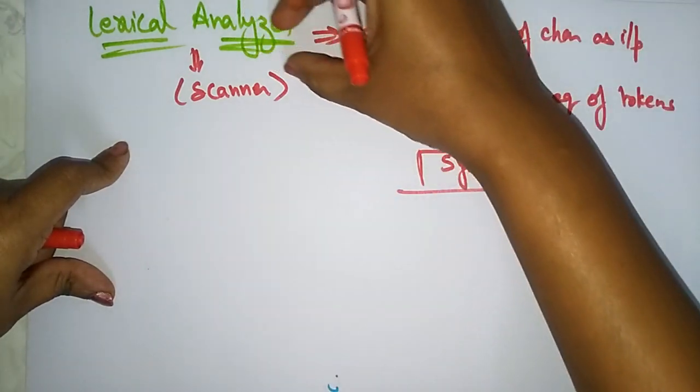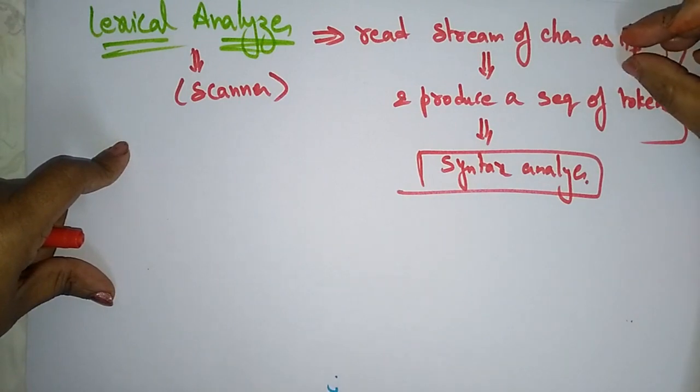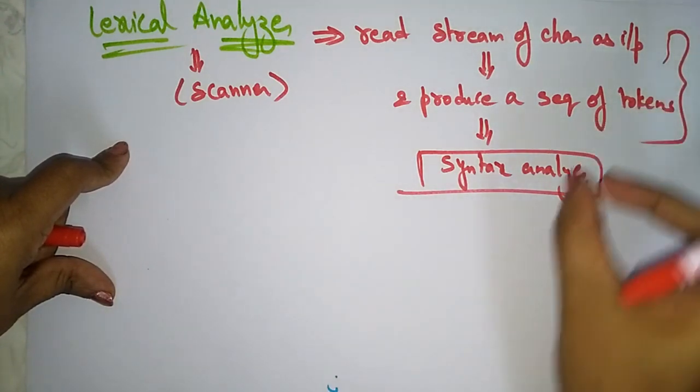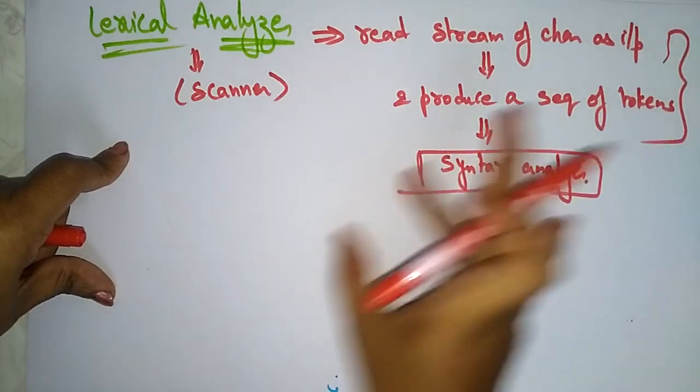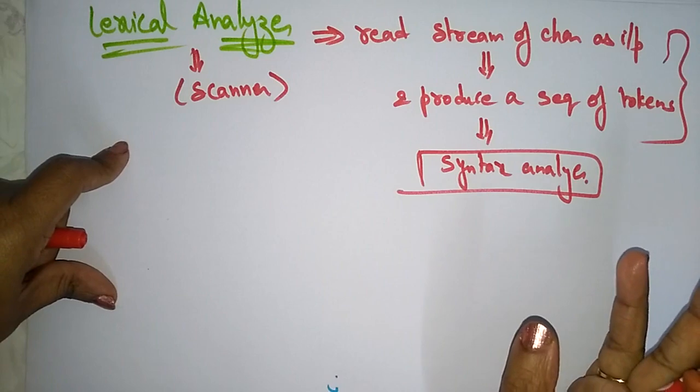This lexical analyzer takes the input, it reads the stream of characters as input, meaning whatever high level language you have written. Each statement or each character is read, and it produces a sequence of tokens, and those tokens are sent to the syntax analyzer to parse the tree.